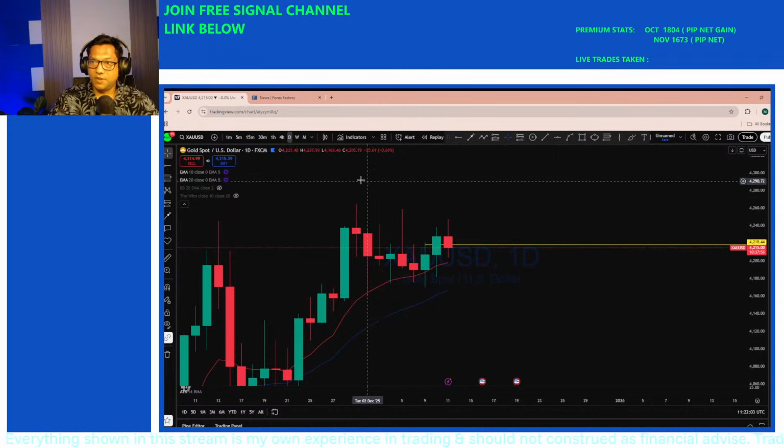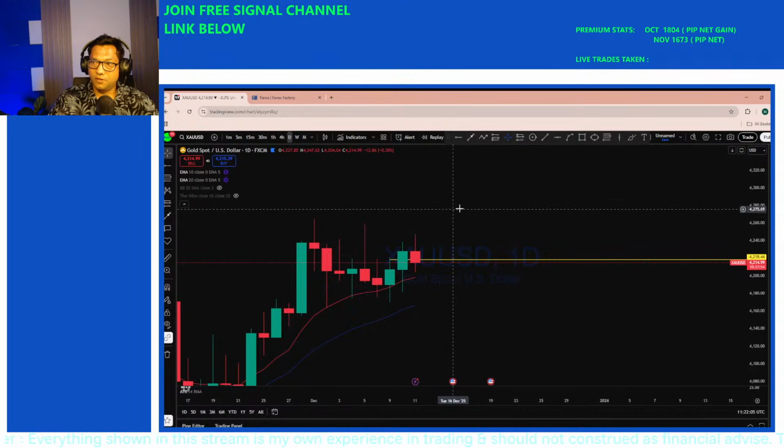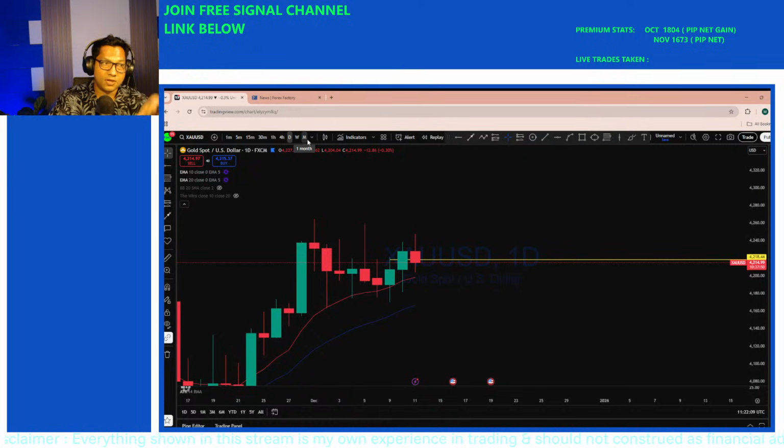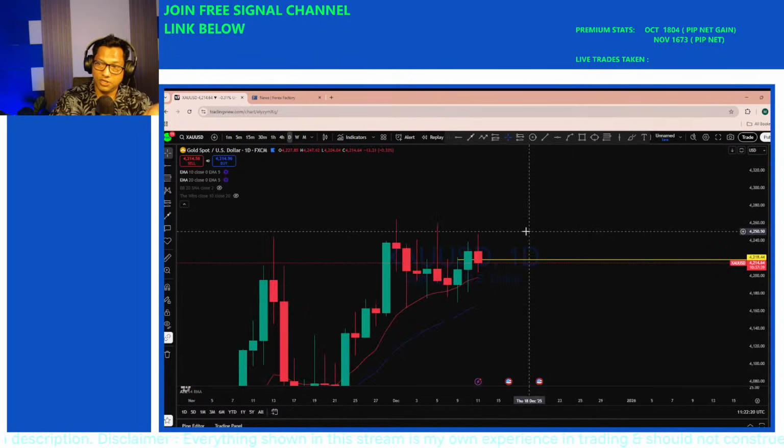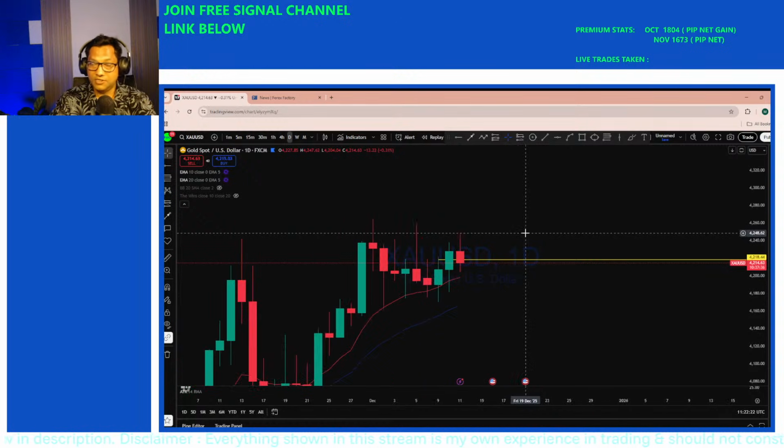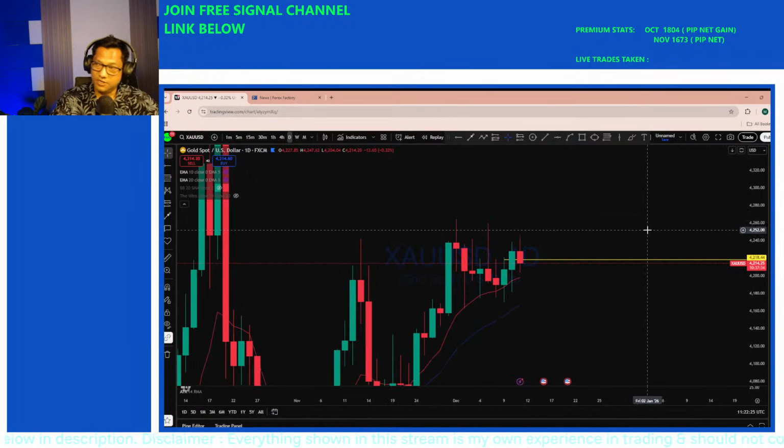First of all, looking at the multiple time frame analysis will give us a better understanding of the market structure, and also we'll see what the market potentially can do in this dynamic market now.